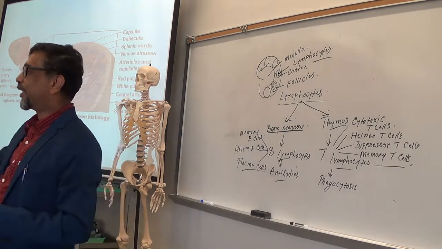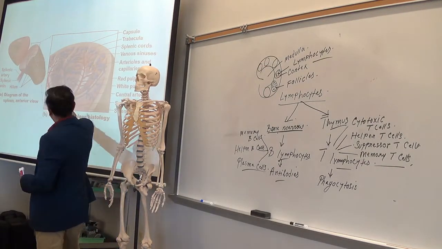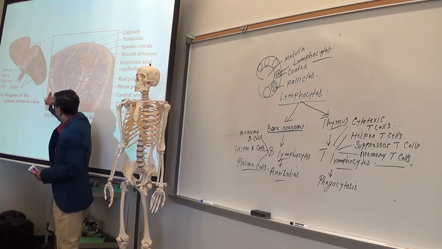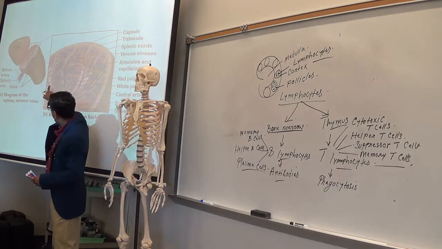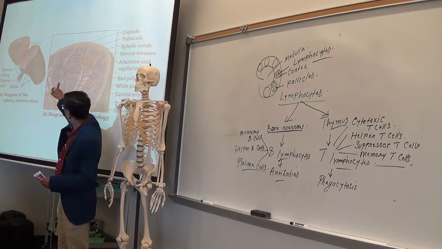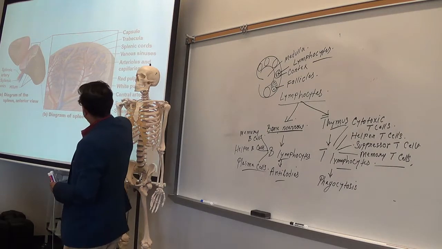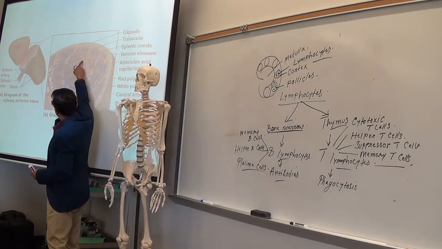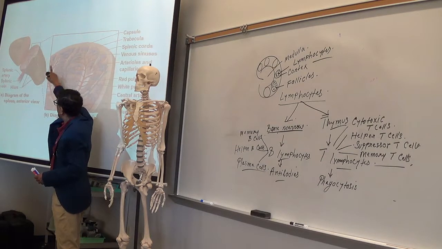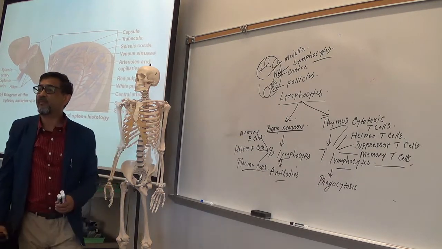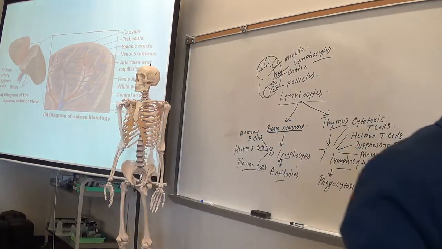Okay, so the splenic artery enters into the spleen and branches inside, and these are the central arteries. Around the central arteries, you have the white pulp, and these areas are red pulp areas where you have many sinuses, veins give blood into those sinuses.